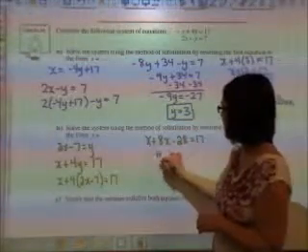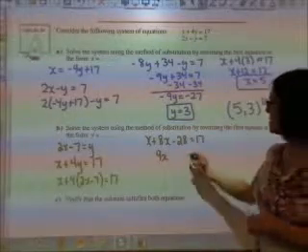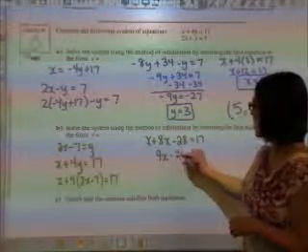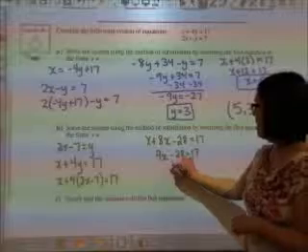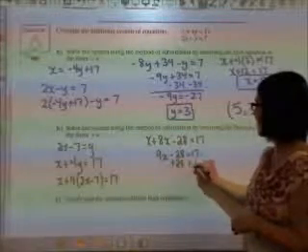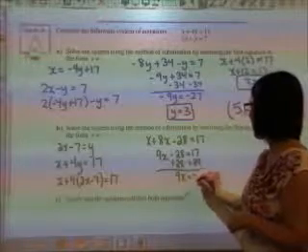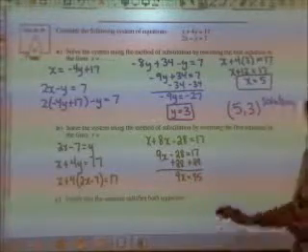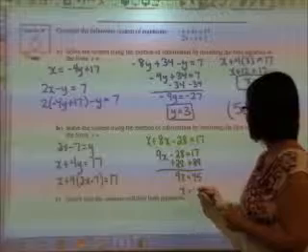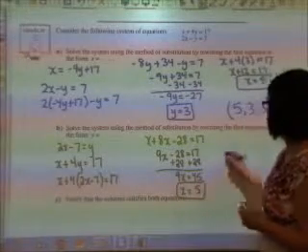Add the x's together and I get 9x minus 28 equals 17. Add 28 to each side, 9x would equal 45. Divide by 9, and I get that x equals 5, which is what we got in the previous question.